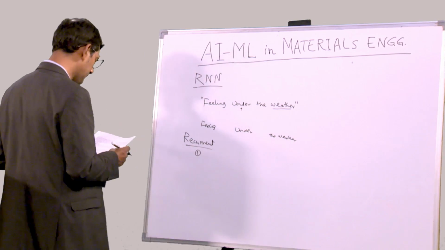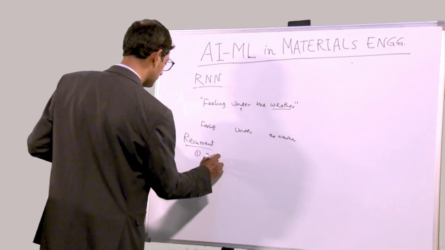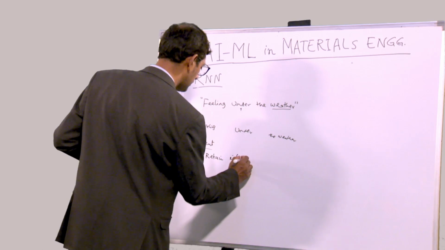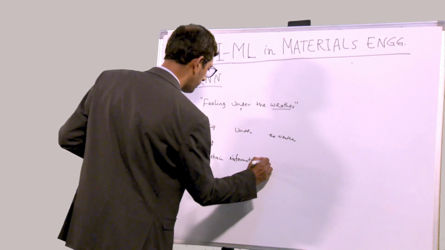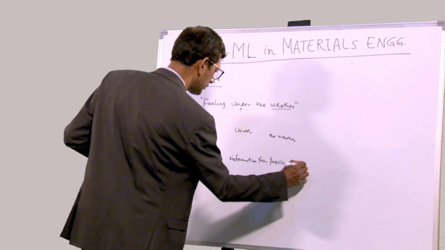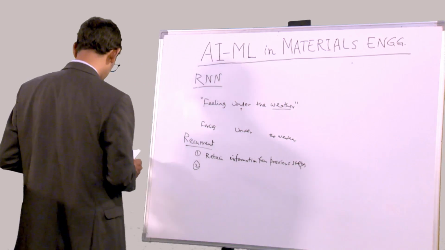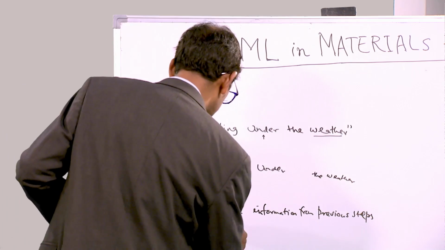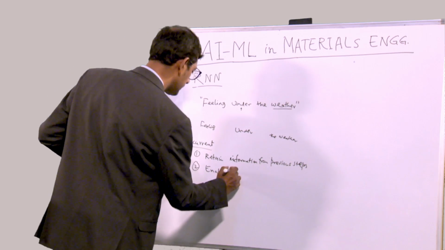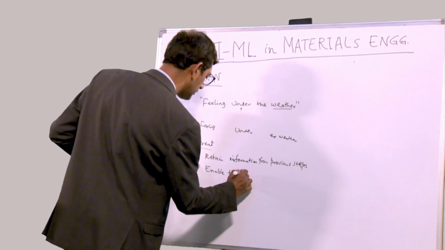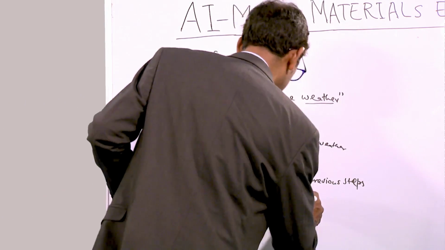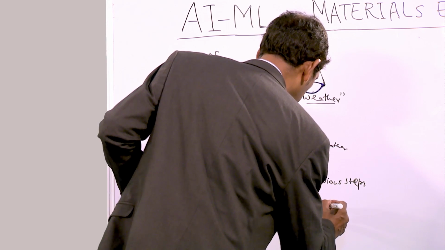So the recurrent unit does this: first, it has to remember or retain information from previous steps. Then, it enables this information to capture the temporal dependencies, time dependent information.